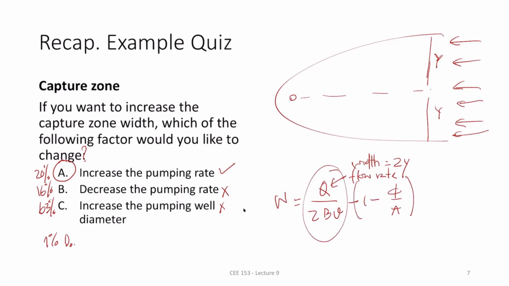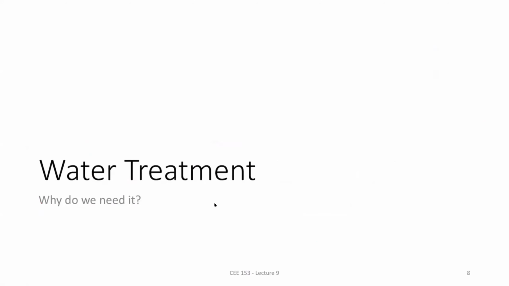B is the width of the aquifer, V is the velocity of groundwater, and Q is the pumping rate. Okay, so you can check all that.